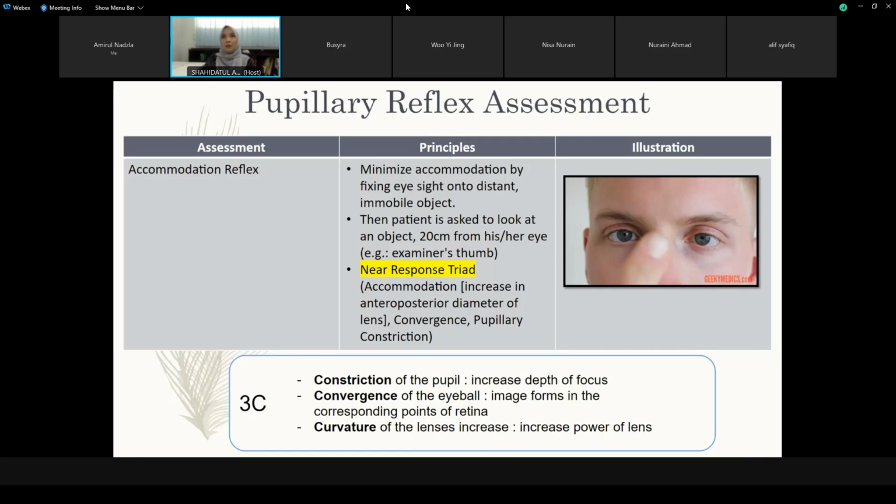So when you want to change position from looking far to near, what is involved? From far, your eyes are straight, slightly diverged.